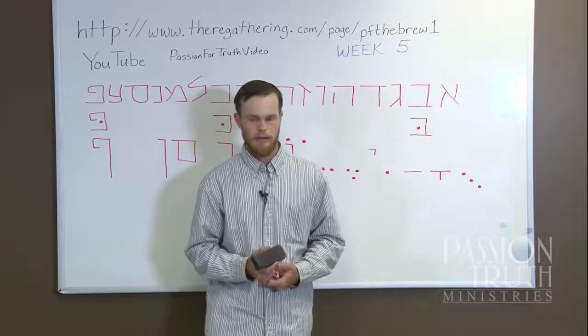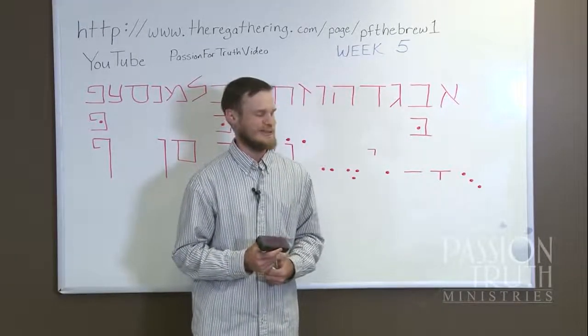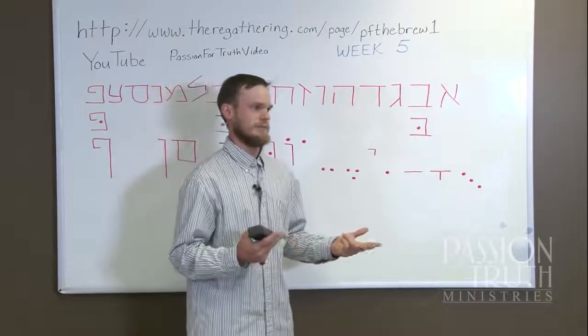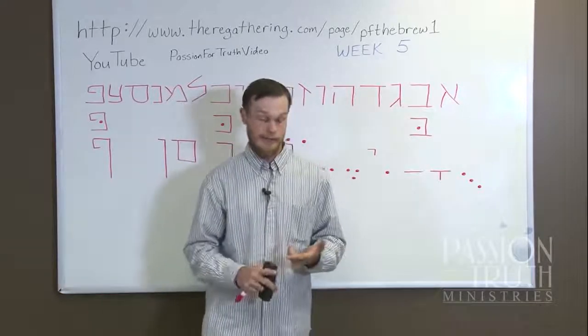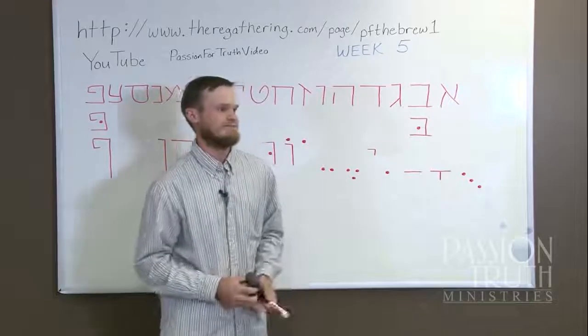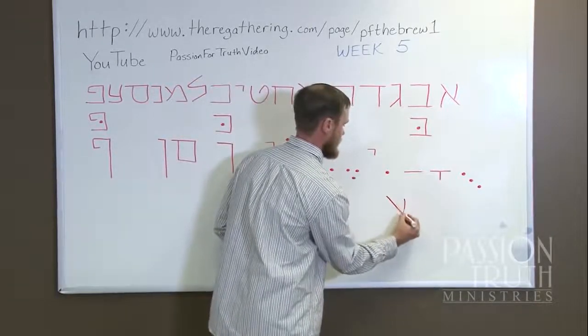But yeah, Aleph Tav itself does spell a word. It spells two words actually. There's et, which is a preposition that means with, but then there's et, which is untranslatable. Yes, it's the direct object preposition.